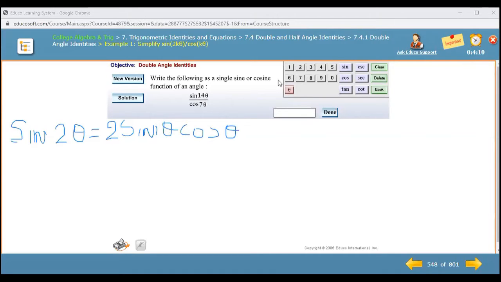All right, now in this question, we have a different problem. The problem is sine 14 theta over cosine 7 theta.